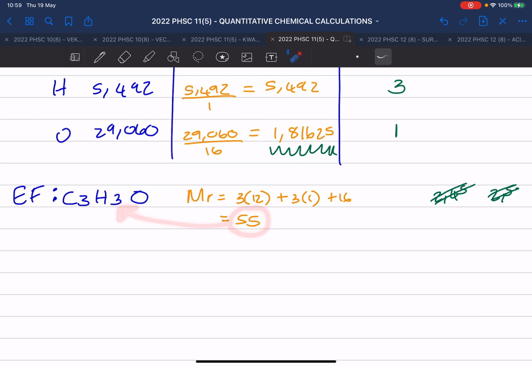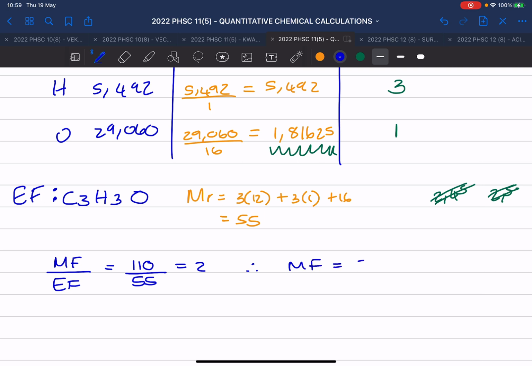But we want the molecular formula, and they gave us the mass of the molecular formula. So you take the molecular formula divided by the empirical formula. They gave that to you to be 110, the mass, in the question, divided by 55, and that gives you 2. So that means the molecular formula is twice the empirical formula.